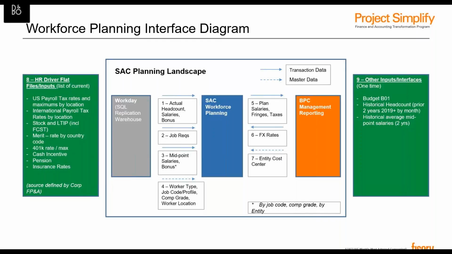All of these are coming from a plan input file load process from the plan admin. On the top right here, we also listed some of the data conversion we did as a one-time exercise, like bringing in the historical trend data, as well as bringing in the AOP, so it can stand available for any comparative reporting.